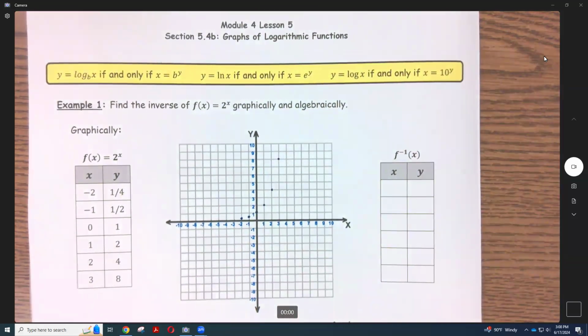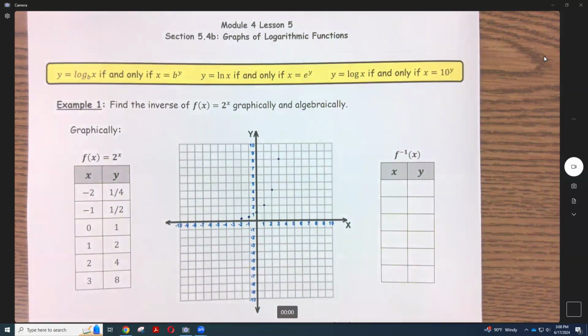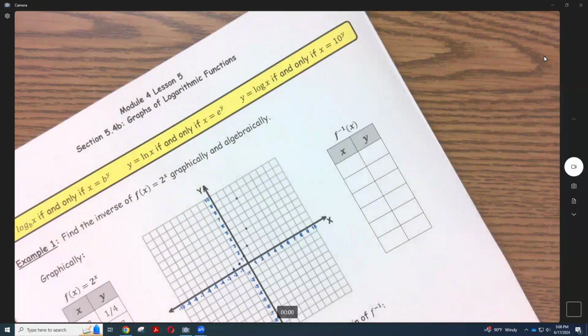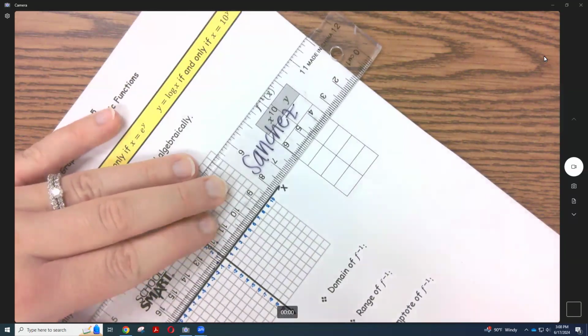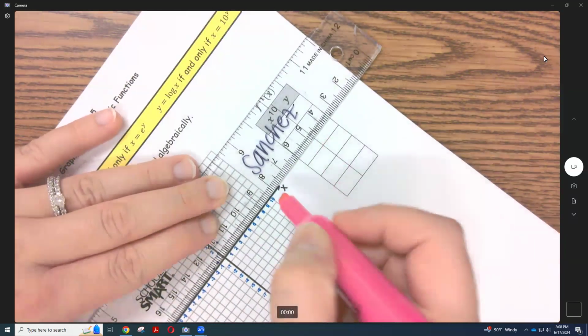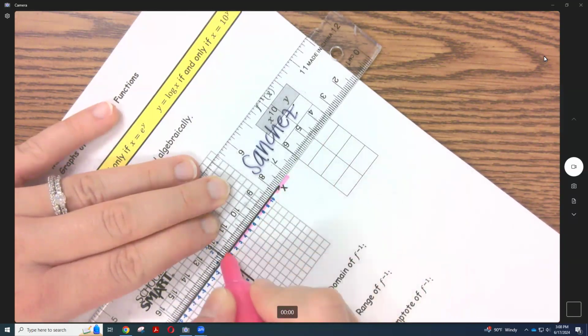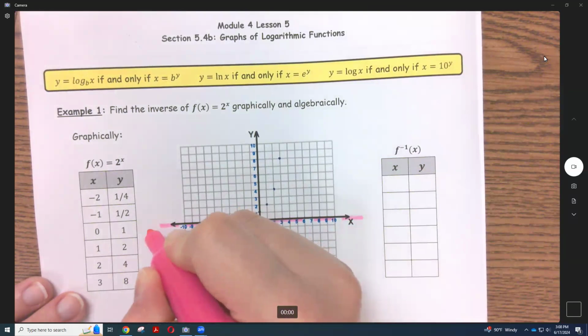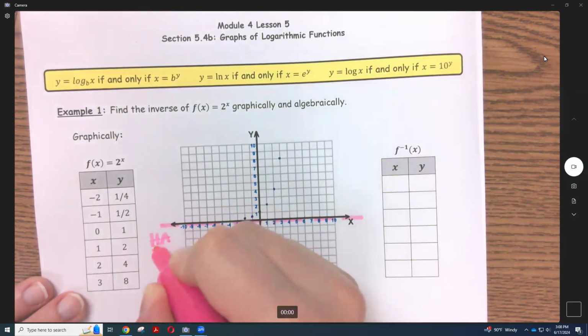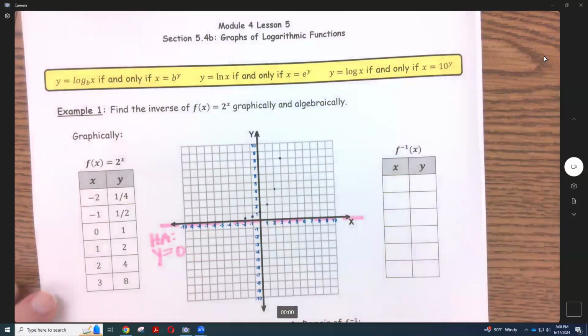Okay, and we have a horizontal asymptote. Similar here, we have a horizontal asymptote, and I'm going to do it over here at y equals 0.